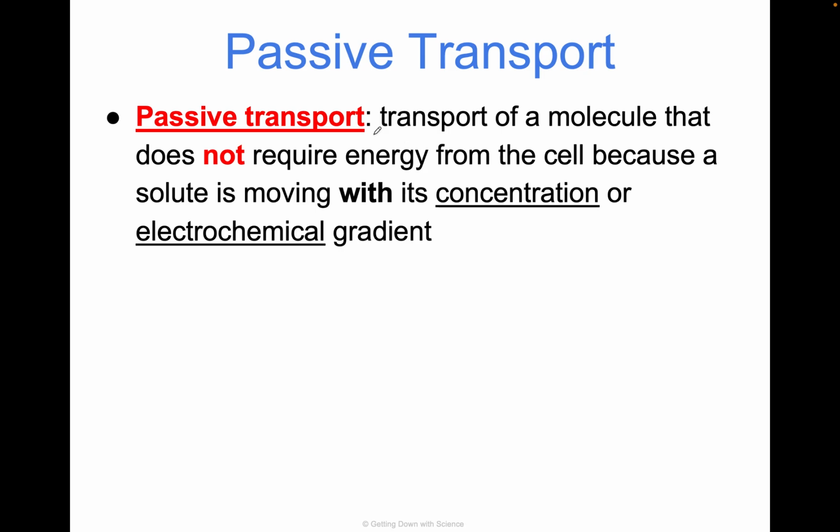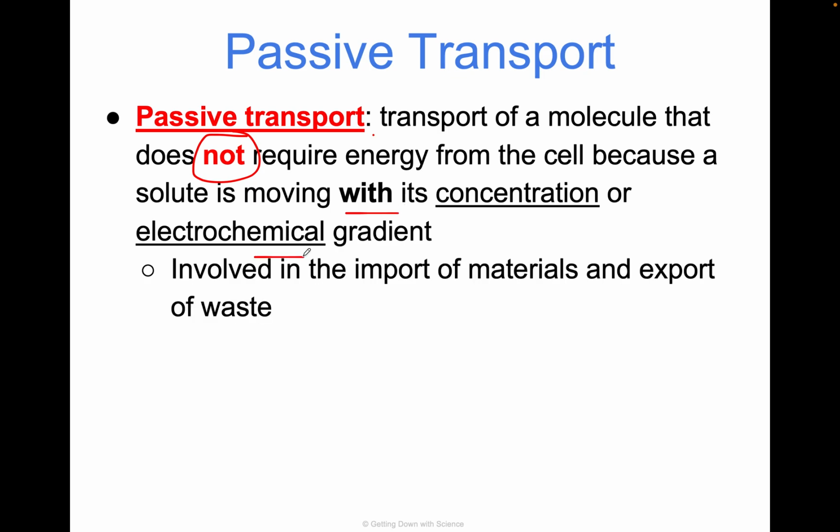So passive transport. Passive transport is the transport of a molecule that does not require energy from the cell, because at this point the molecule is moving with its concentration or electrochemical gradient. We're going to get into what we mean by that. It's involved in the import of materials and the export of waste.